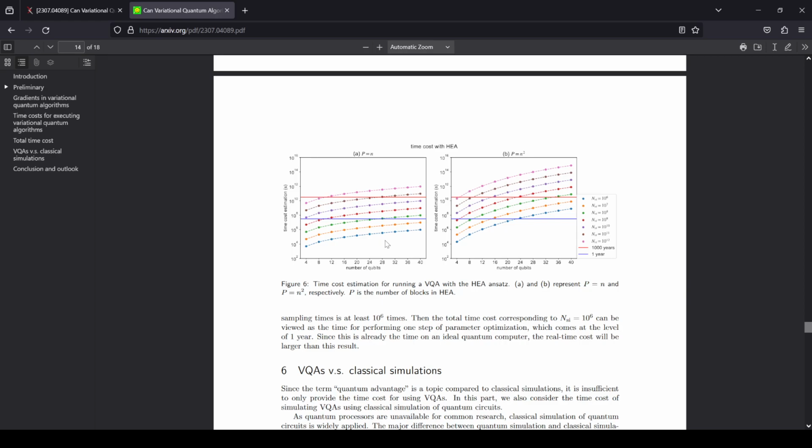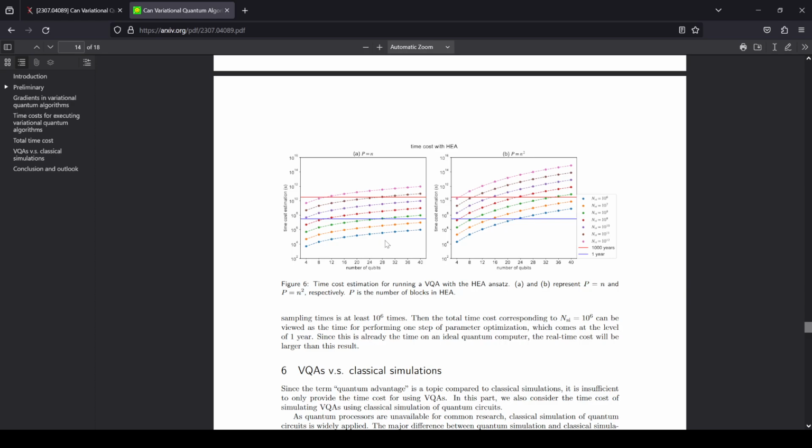So that's not ideal. And what this is indicating is that for these QML algorithms, normally you have iterations of optimization and you have the cost per iteration, and that's what matters. But now we're saying, okay, we have the iterations, and then we also have to generate samples for a given expectation value.